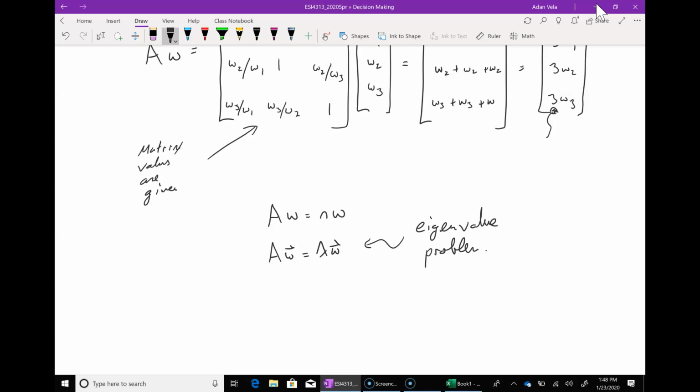And a lot of times, the solution to the quote-unquote eigenvalue problem tells you something. So in fact, what we're doing here is if I give you a matrix A, and you solve for W and lambda by solving the eigenvalue problem, then what you're solving for ends up being quite useful.